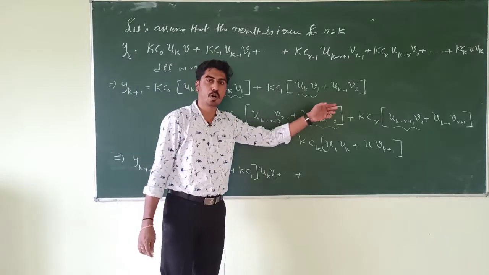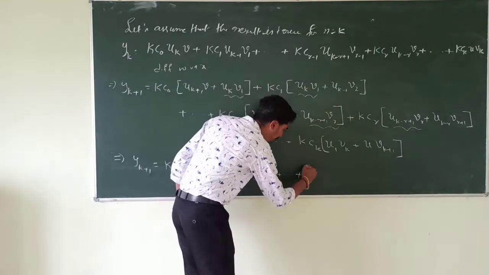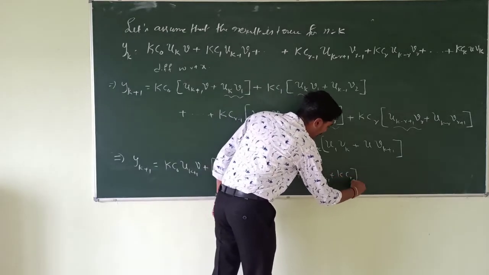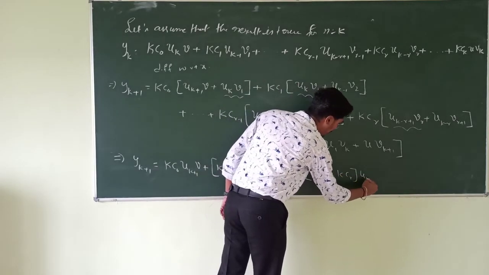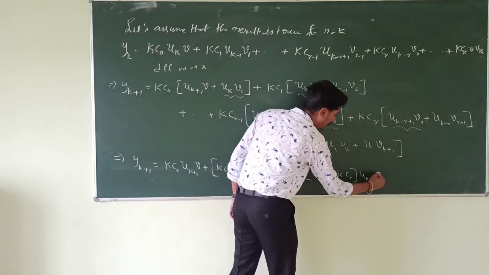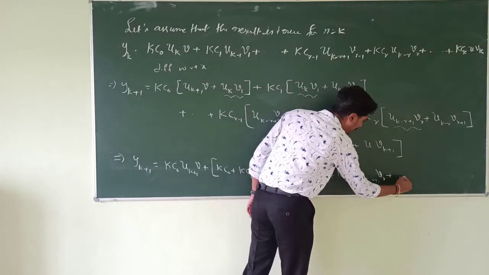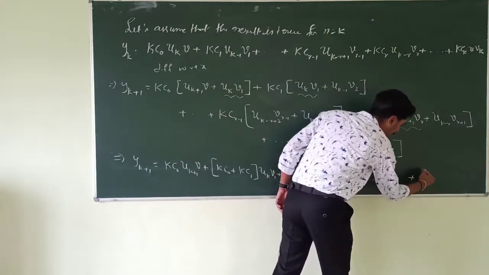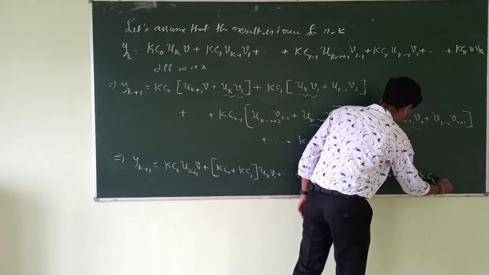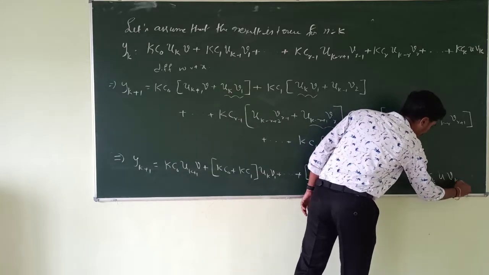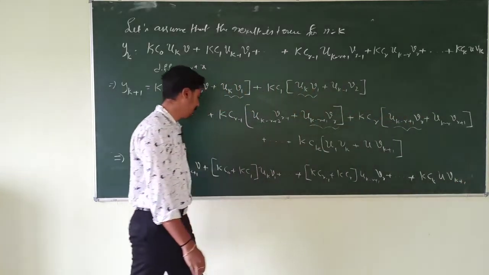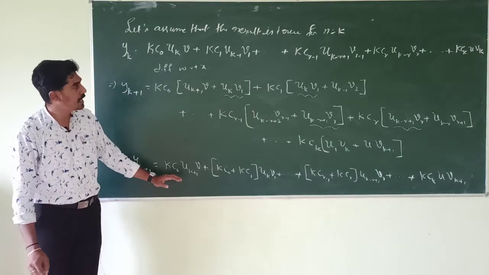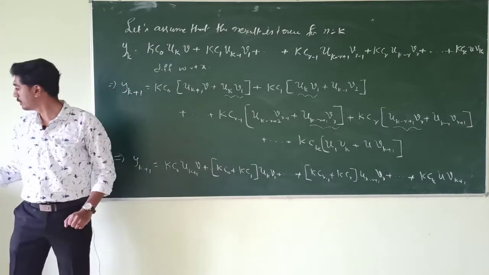Taking these two terms as common, I get kc r minus 1 plus kc r into uk minus r plus 1 into vr plus and so on. The last term will be equal to kck into u vk plus 1. Okay. Let me rewrite this equation as it is here.